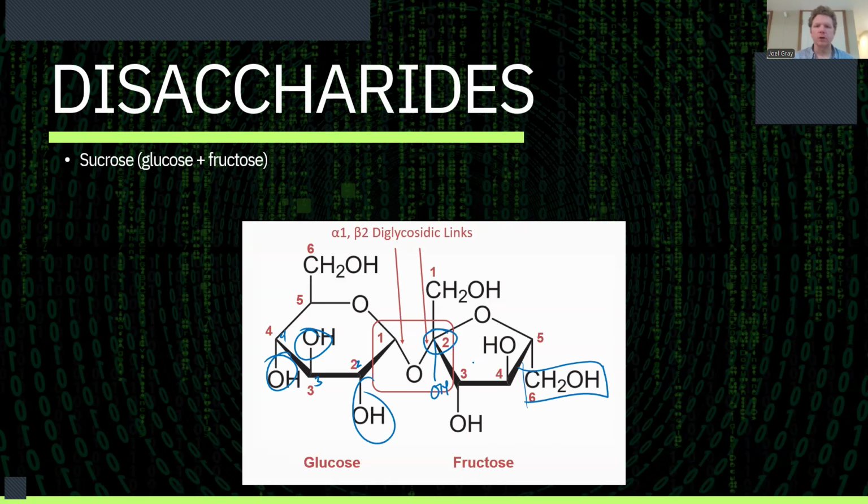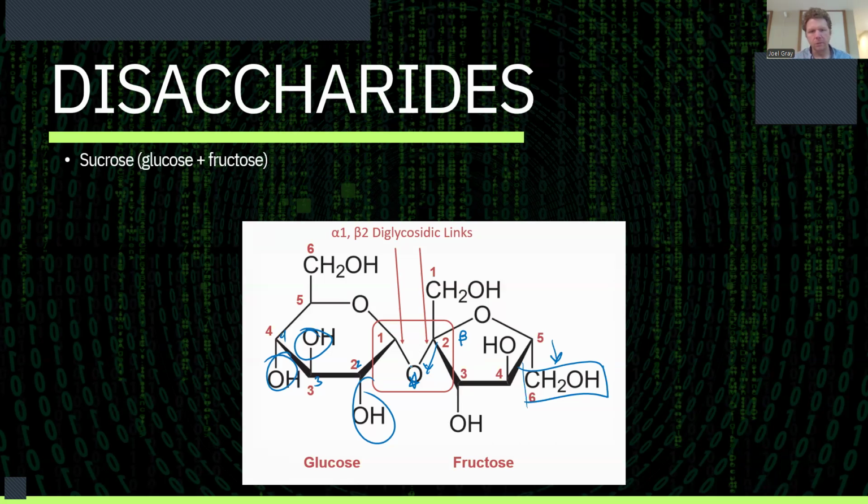Are they going in the same direction or opposite directions? I don't have an OH group on carbon number 2, but I do have it going to a glycosidic linkage. So where I'm putting a star, that oxygen is in effect my OH group. That's going down. Group number 6 is going down. So they're going in the same direction, which is why this is a beta form of fructose.